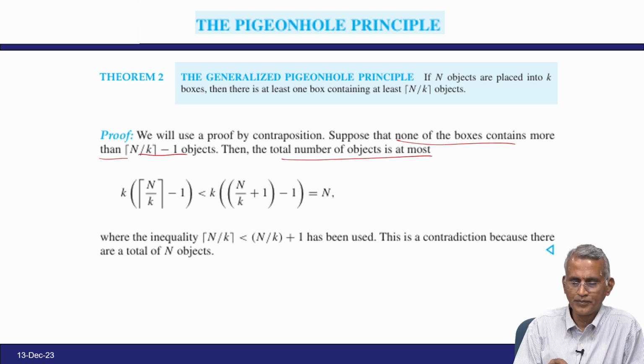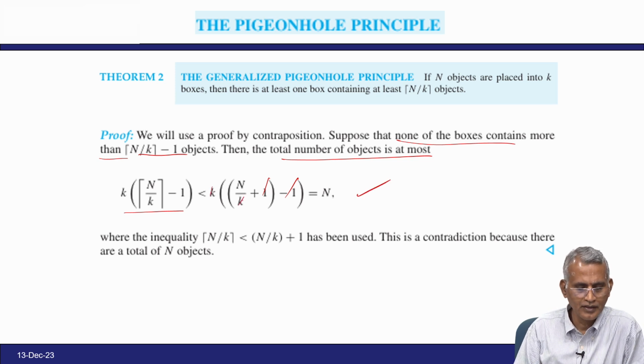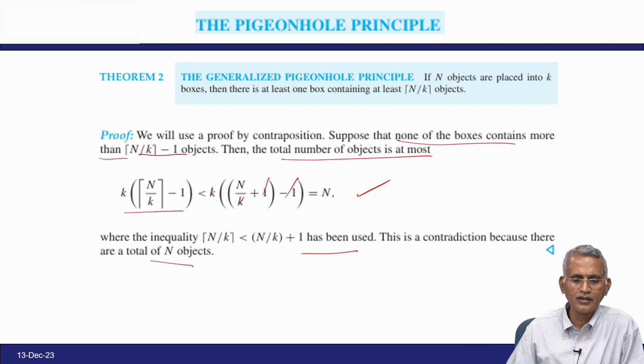Then the total number of objects is at most k times the ceiling of n by k minus 1, which is less than k times n by k plus 1 minus 1, equal to n. So, here the inequality that the ceiling of n by k is less than n by k plus 1 has been used. Therefore, this is a contradiction, since there are totally n objects. Hence we can generalize the pigeonhole principle.